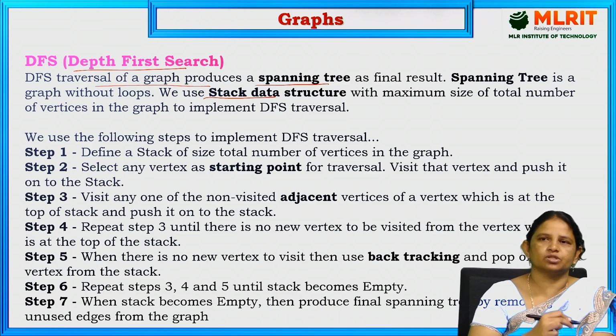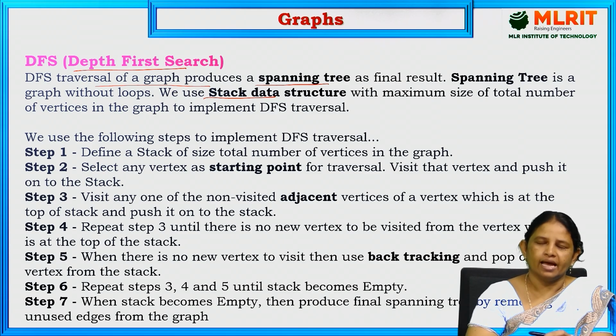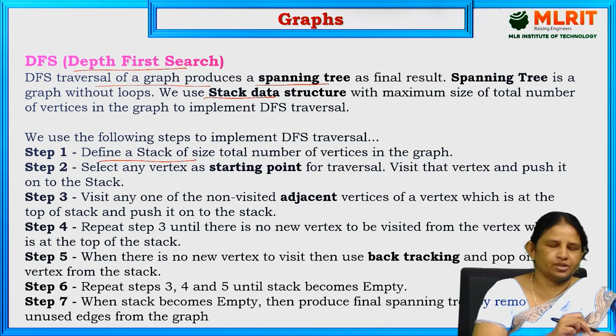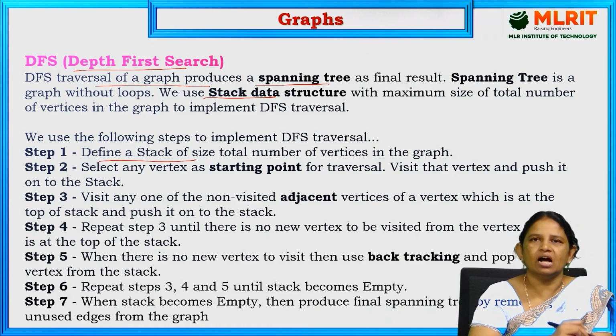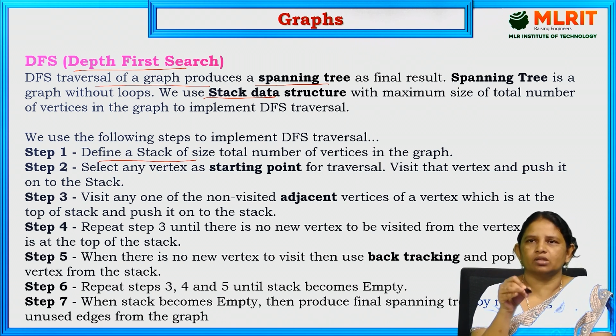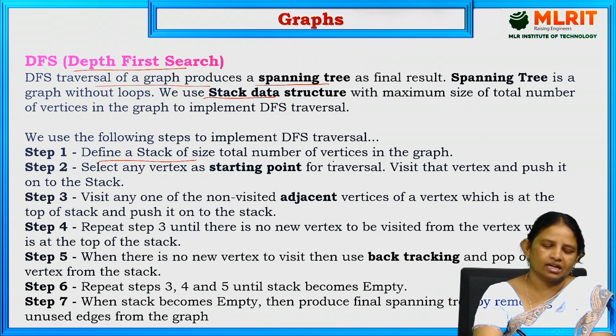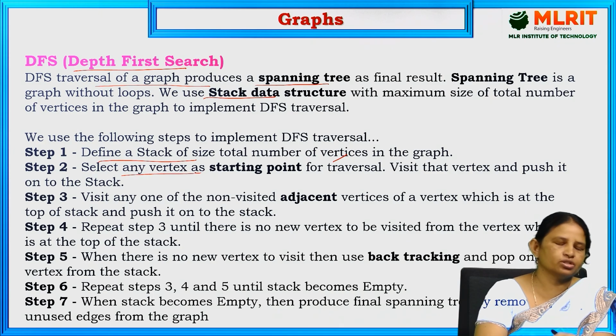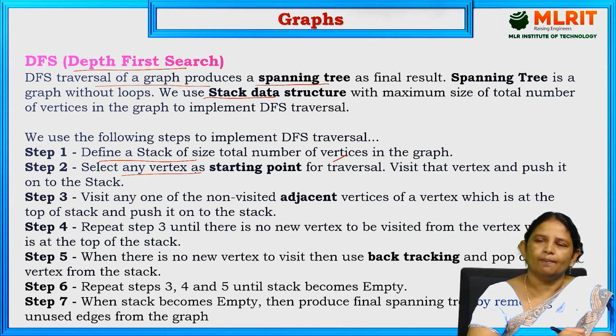What is the procedure we are going to follow for the implementation of DFS traversal? First step is we need to define the size of the stack, which depends upon the number of vertices in the graph. Second, we start the visiting process by default at the root node, and the visited element is pushed onto the stack.